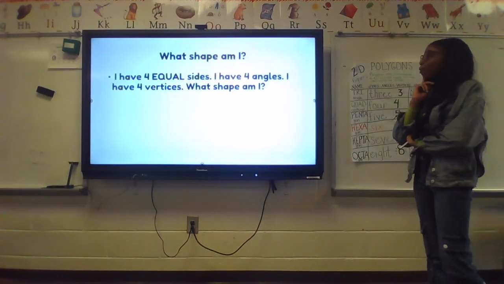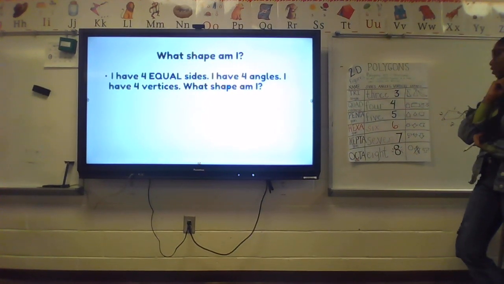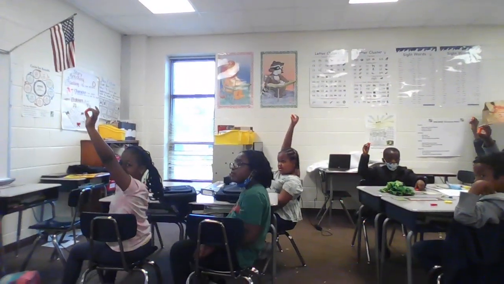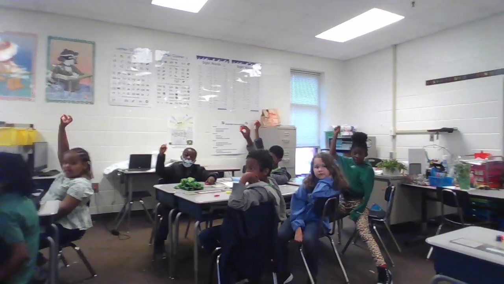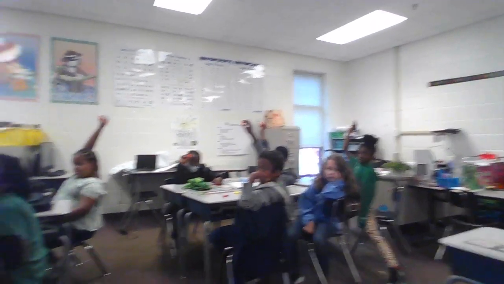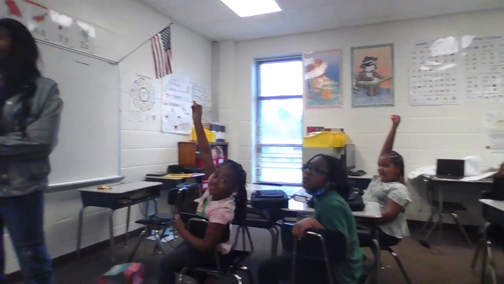Ooh, I have 4 equal sides, 4 angles, and 4 vertices. What shape am I? Look at your keyword. I have 4 equal sides. Look at your shape. Is that 4 equal sides? Is it?